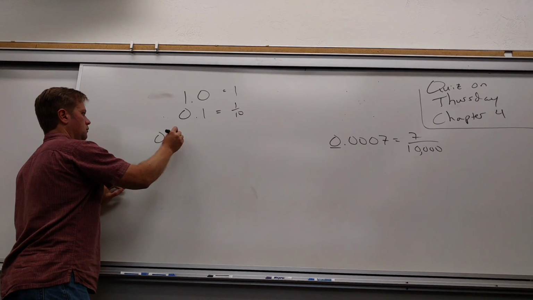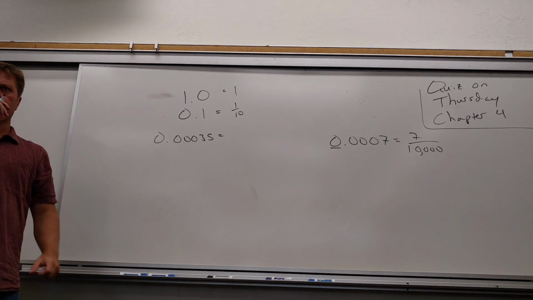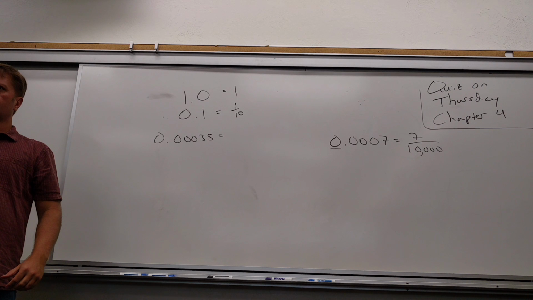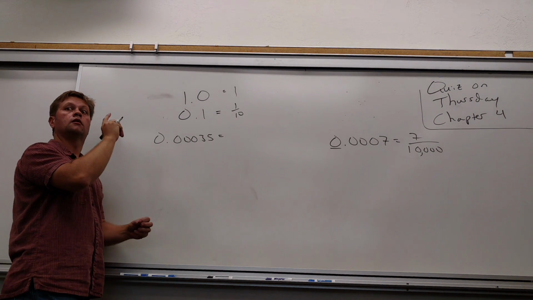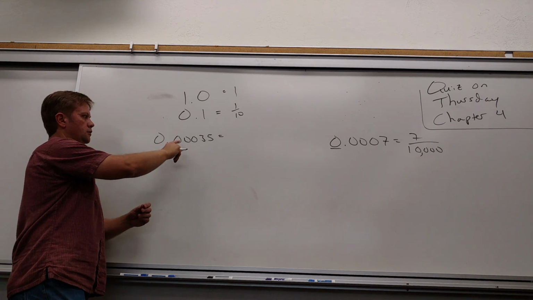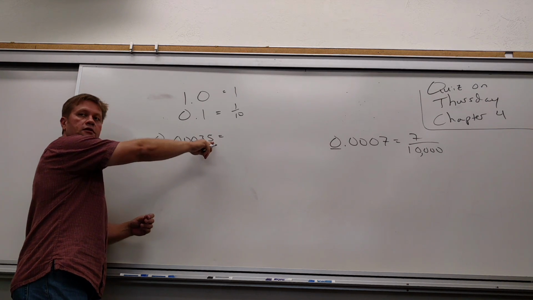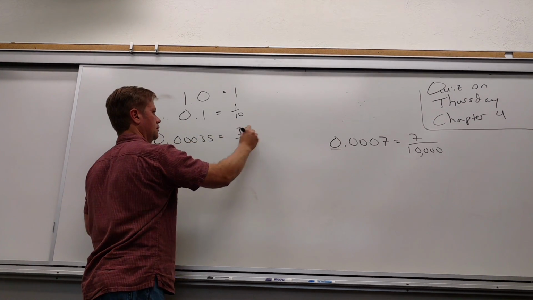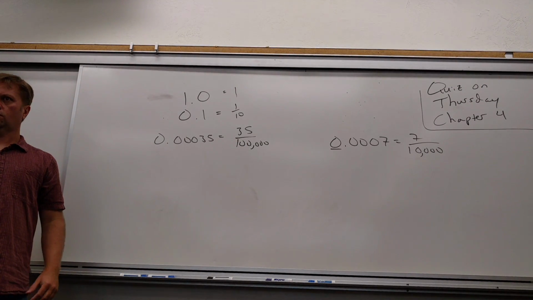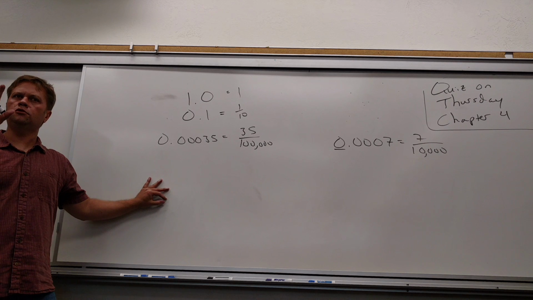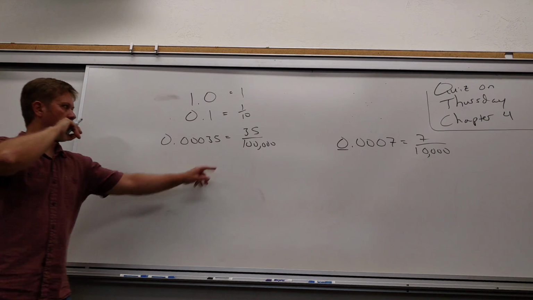So what about this one? 35 over 10,000. Tenths, hundredths, thousandths, ten-thousandths, hundred-thousandths.